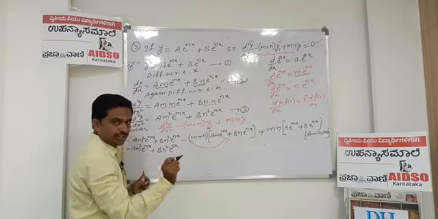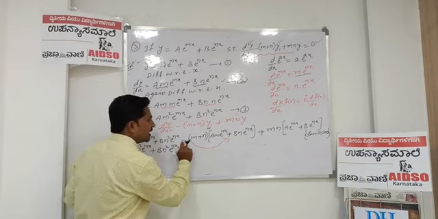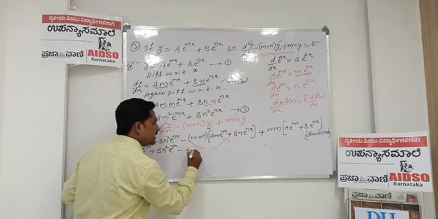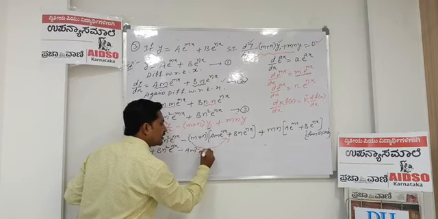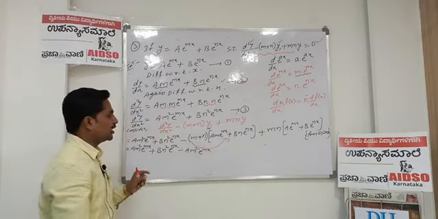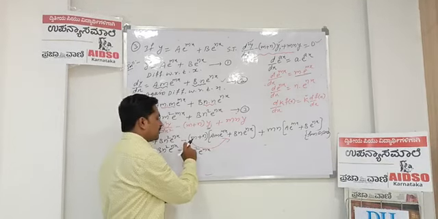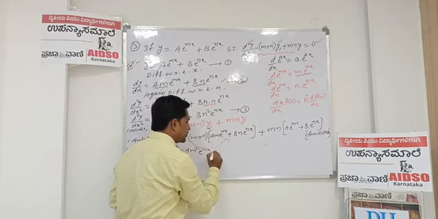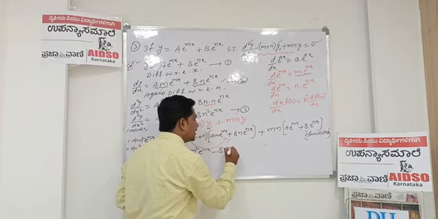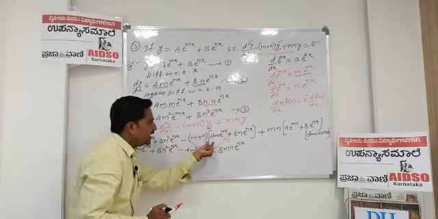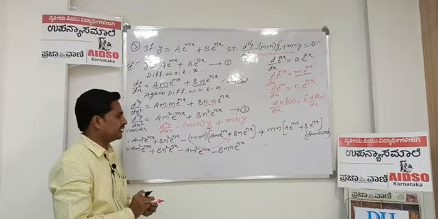So minus m into am will be equal to minus am square e to the power mx, because m into m will be equal to m square. Next minus m into bn, so it is minus bmn e to the power nx. So through the minus m the entire bracket gets multiplied like that.